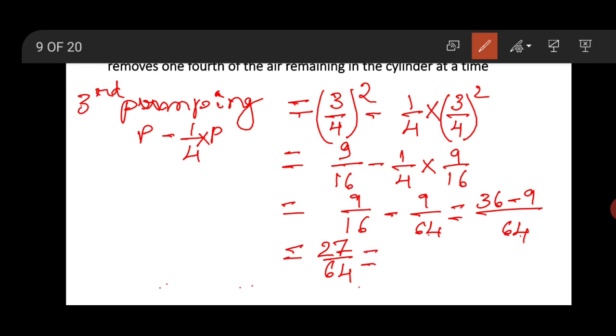Now again, write it in the form of 3 by 4. I can write 27 as 3 into 3 into 3.